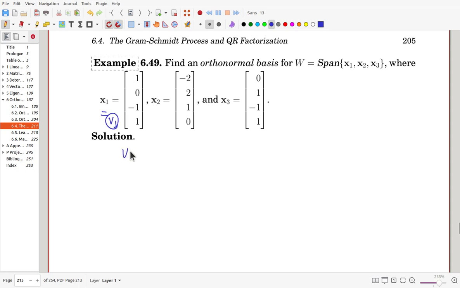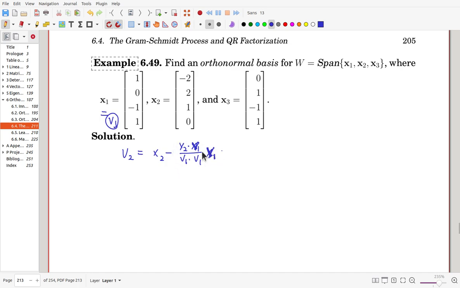Now, v2 is the same as x2 minus its projection onto v1. So that is x2 dot v1 divided by v1 dot v1, times v1.